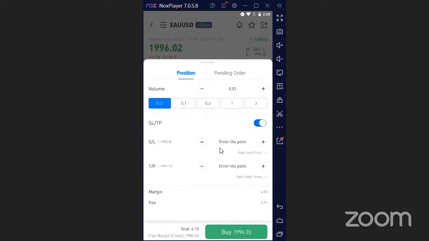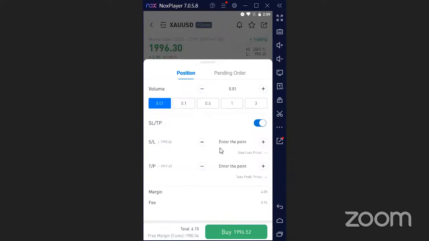You are telling your position that if you are losing the trade, when you get to my stop loss, take me out of the market. What this simply means is, imagine we open a buy position right now, and instead of going with the buy that we've predicted, the market just starts coming down and selling instead.